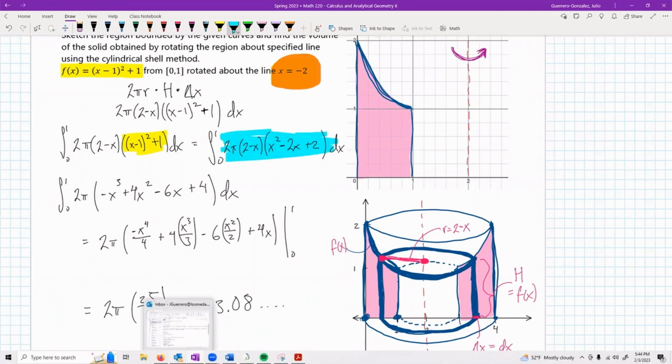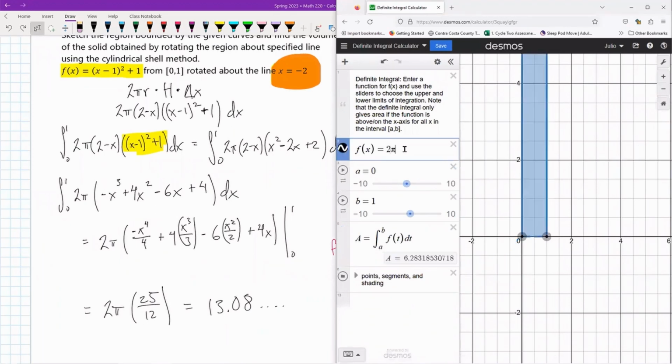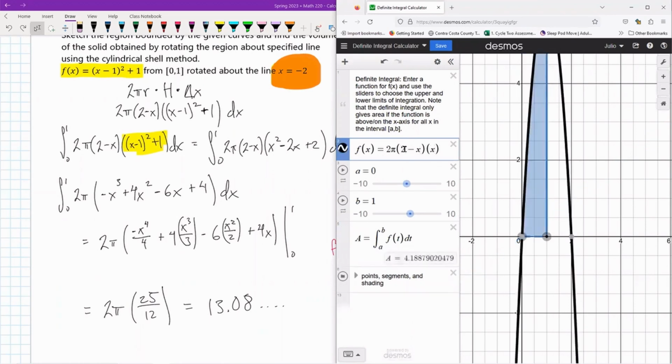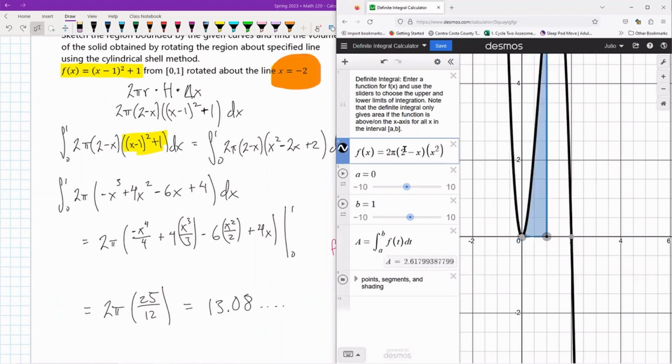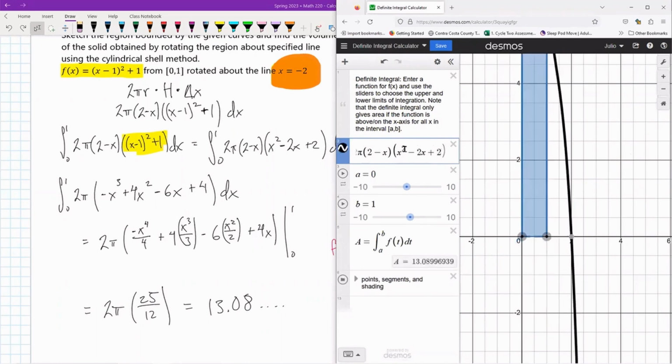I'm going to open up my Desmos calculator. There we go. 2 pi times 2 minus x times x squared minus 2x plus 2. And I still want it from 0 to 1. There we go, 13.08.